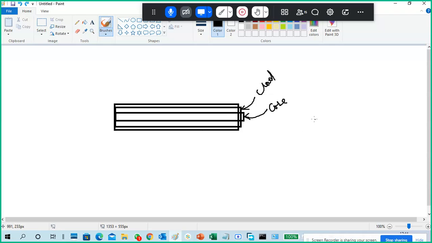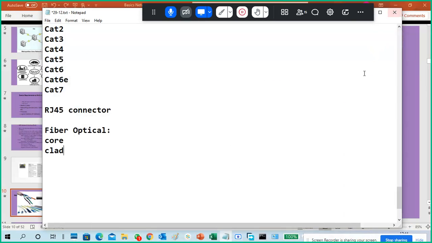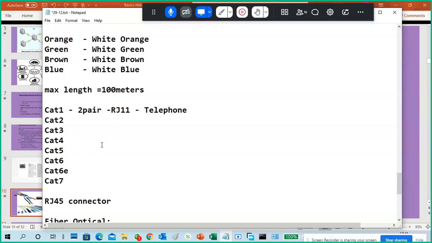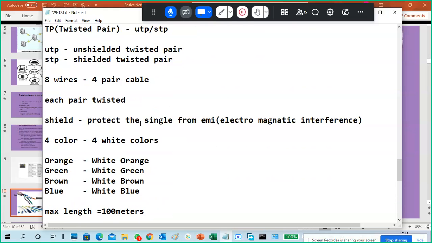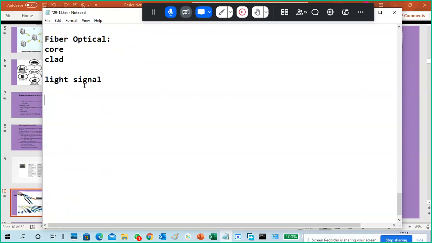Okay, so here we use light as a signal. In a wire like a coaxial cable or twisted pair cable, what signal are we using? An electrical signal.